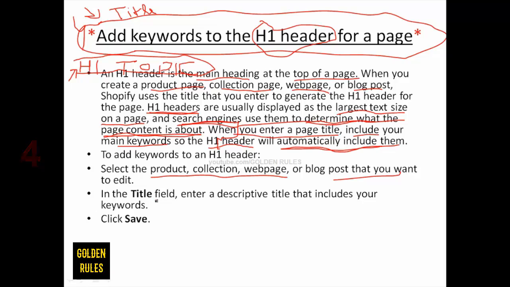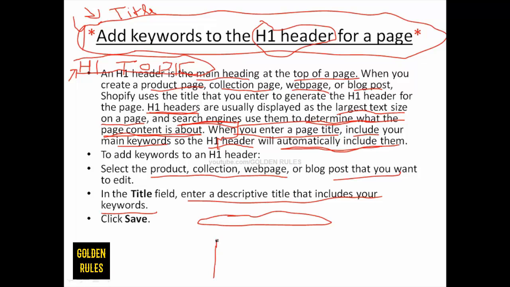In the title field, enter a descriptive title that includes your keyword. This is the title and this is your content, and this is your H1 heading, and these are your contents. Okay, you have to use the keywords in both here and here. Okay, hope you guys understand that.